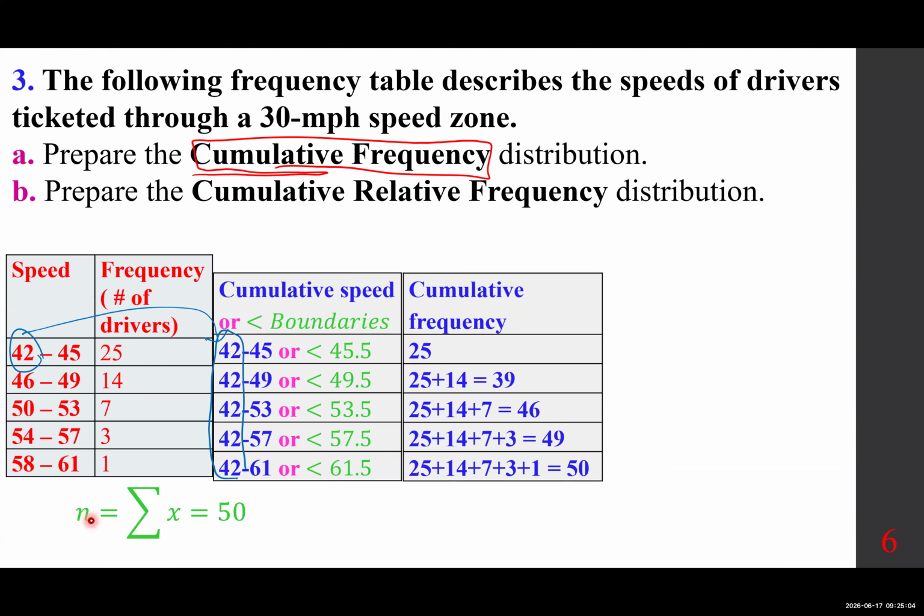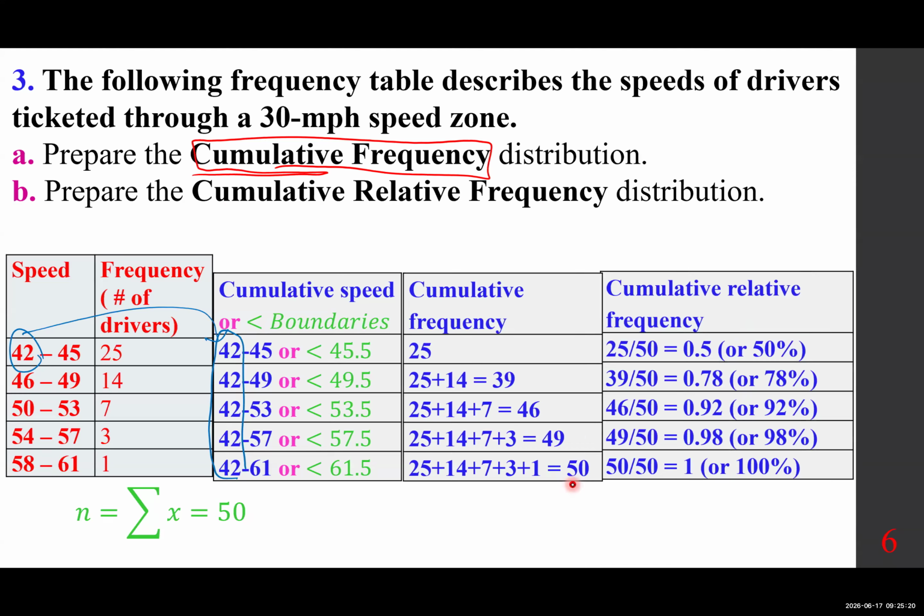What about the relative frequency? Well, just as before, 25 over 50, 39 over 50, 46 over 50, 49 over 50. The last one must always be 1 or 100%.